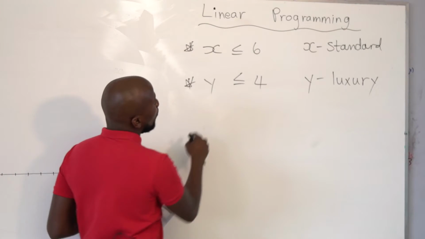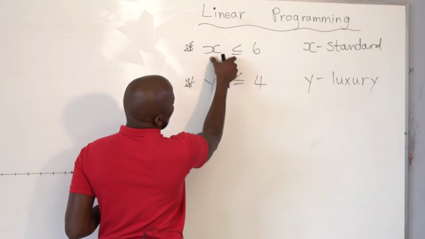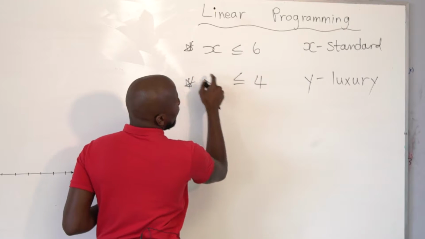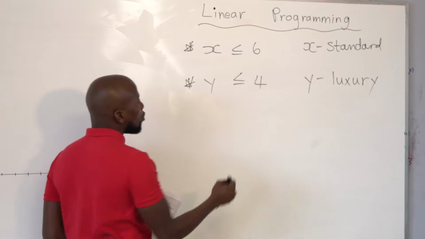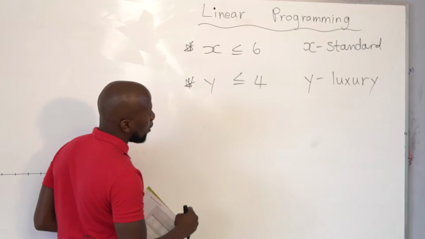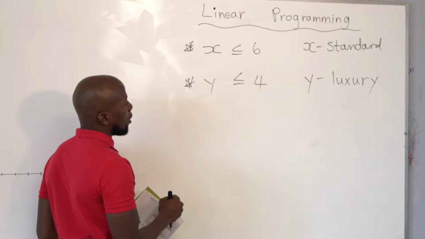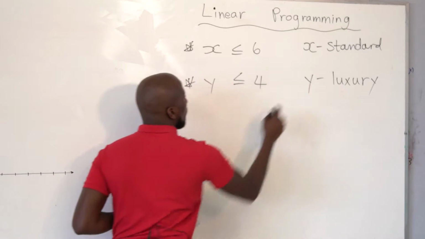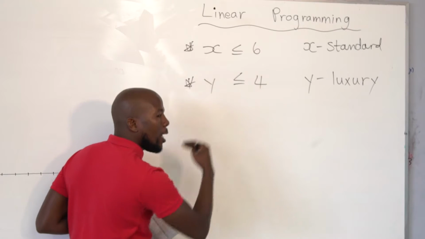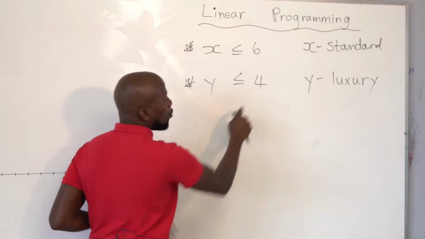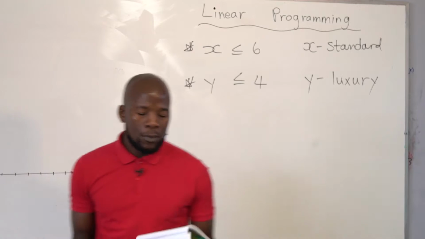You may produce less than 6 of the standard washing machine, but you cannot produce more than 6. You can produce exactly 6 or less, but you can't produce more than 6. Likewise, with the luxury washing machine, you can produce exactly 4 or less than 4, but you cannot produce more than 4 per day.